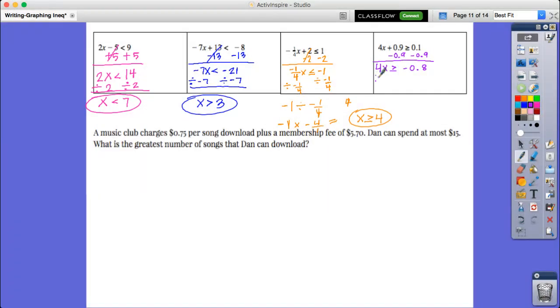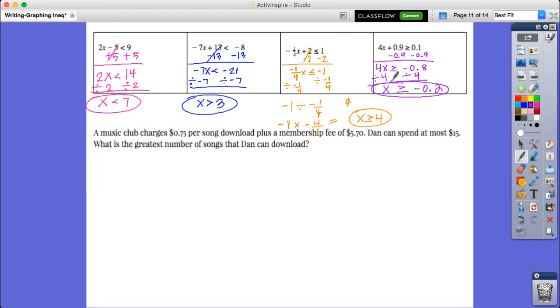Now I'm going to divide both sides by 4. And I get x is greater than or equal to negative 0.8 divided by 4 gives me negative 0.2. Now, my answer is negative, but I don't change my sign. I only change my sign when I divide or multiply by a negative number.